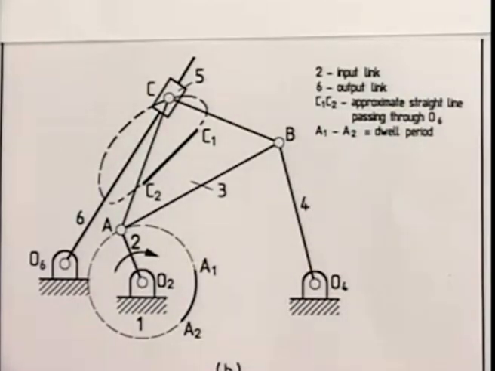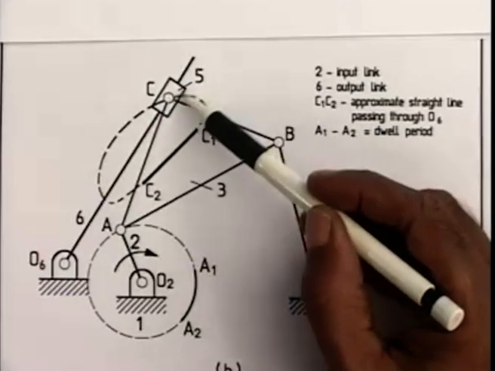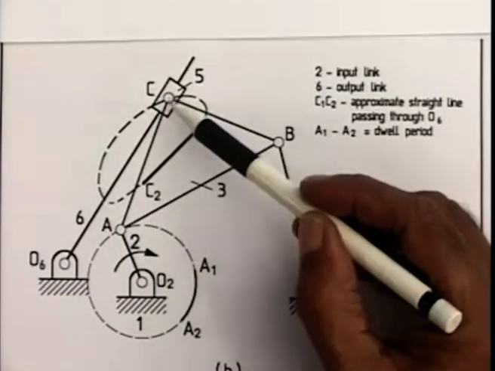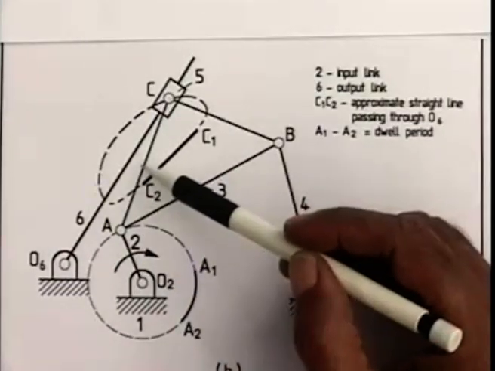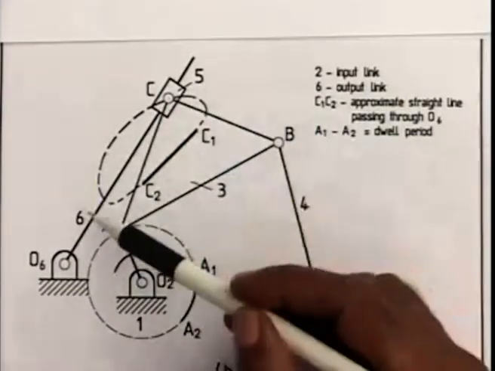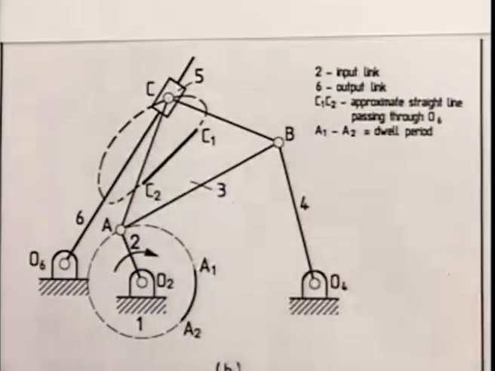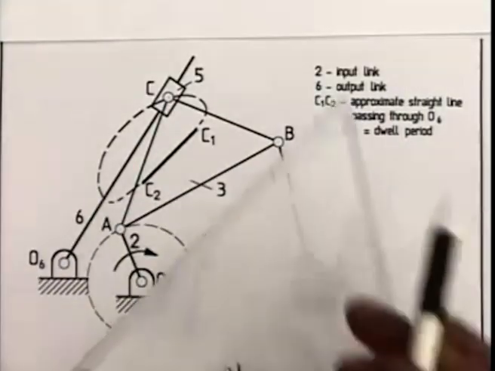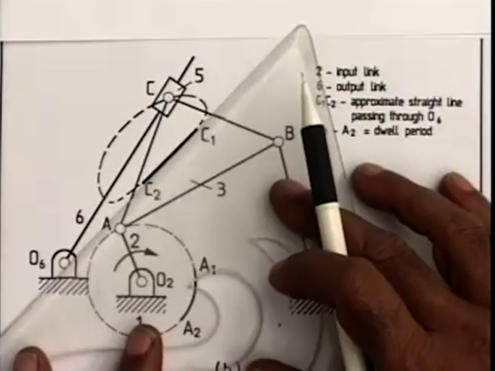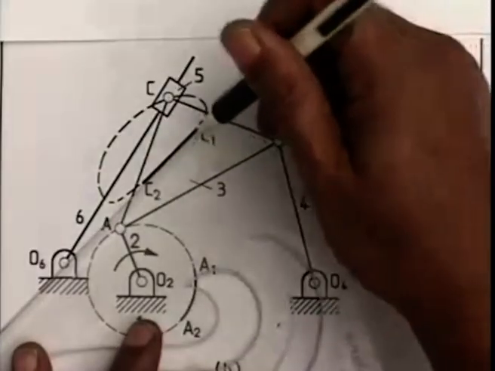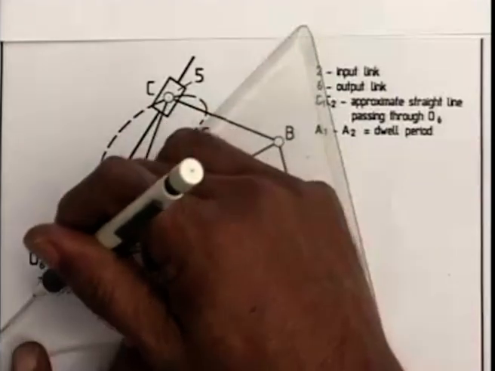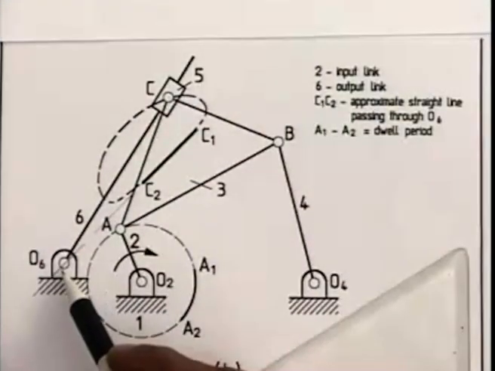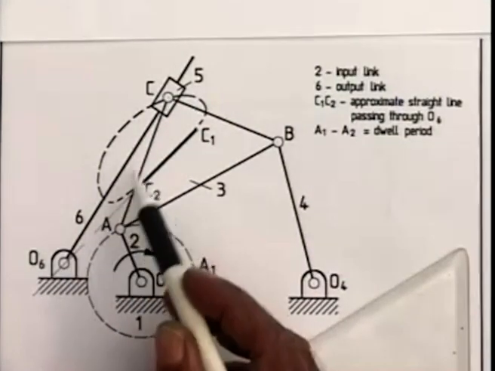What we do is put another link 5 at this coupler point C through a revolute pair, and the output link 6 has a prismatic pair between link 5 and link 6. As we see, this straight line portion of the coupler curve passes through this fixed hinge O6, where link 6 is hinged.